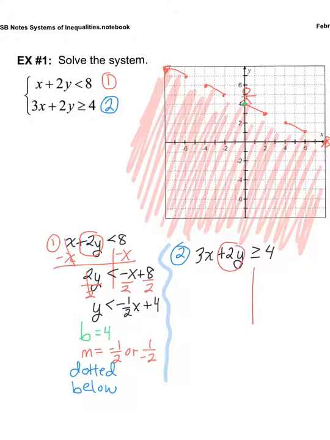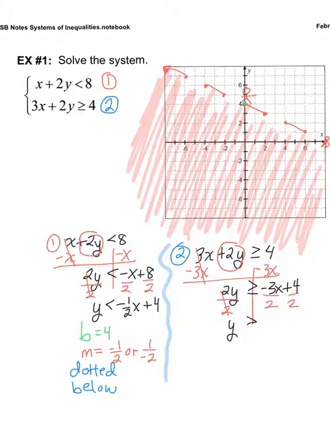So I'm solving for y, so subtract 3x. I get 2y greater than or equal to negative 3x and then positive 4. To solve for y, you divide by 2. Everything gets divided by 2. Nothing causes me to flip that inequality.